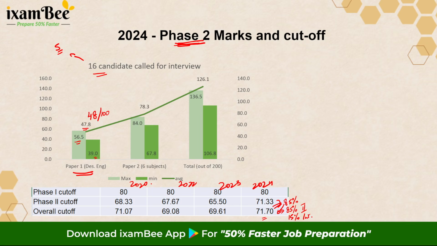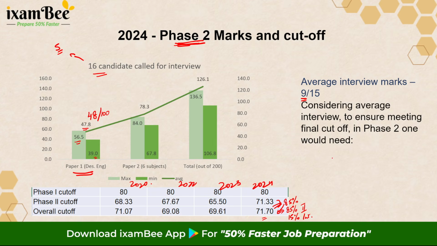Now, what was the interview average? The interview average last year of these candidates was 9 out of 15. If I consider a student who got 9 and was able to meet the overall cutoff of 71.7, then to have cleared the 71.33 marks, there could have been various combinations between your paper 1 and paper 2.